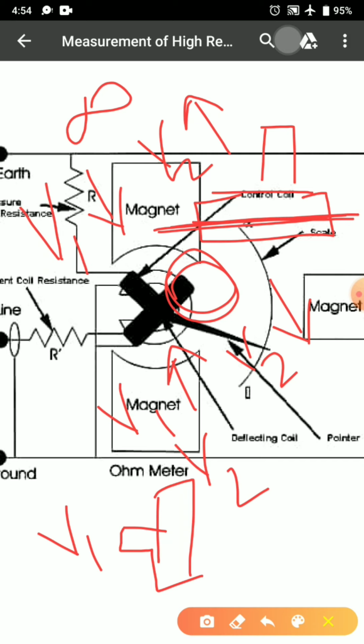Now to modify the torque in the voltage circuit, voltage coils V1 and V2 are both used in conjunction. The combined action of V1 and V2 acts as if the coil is like a spring.